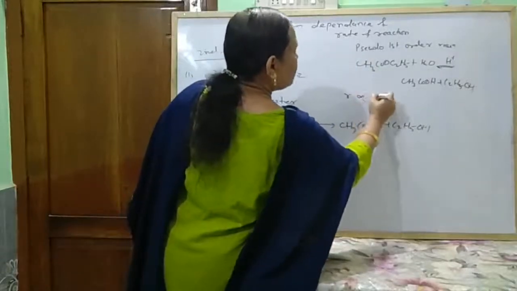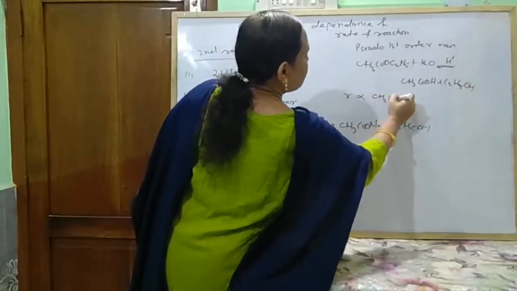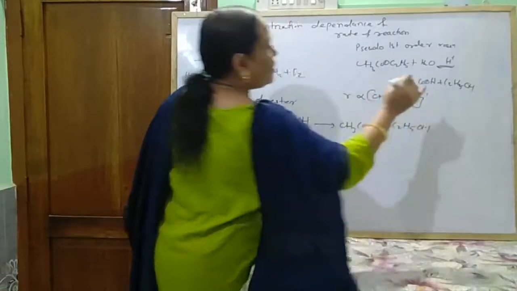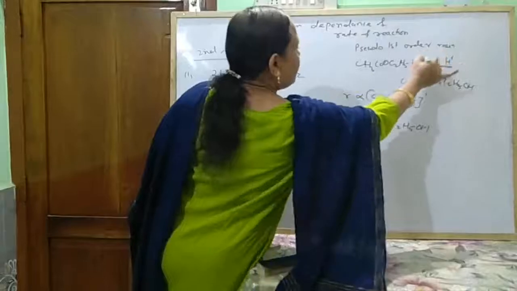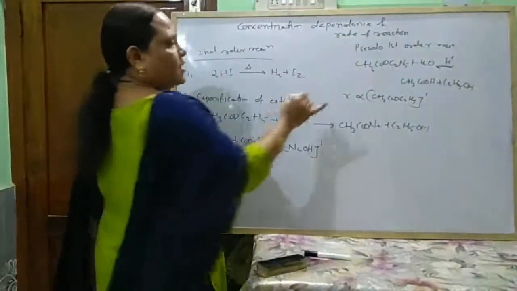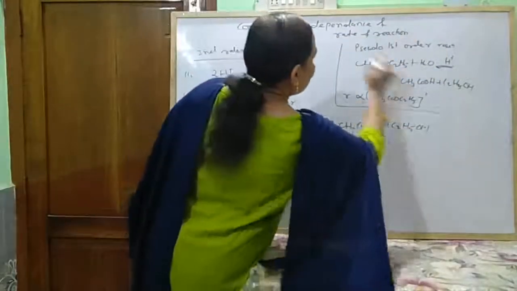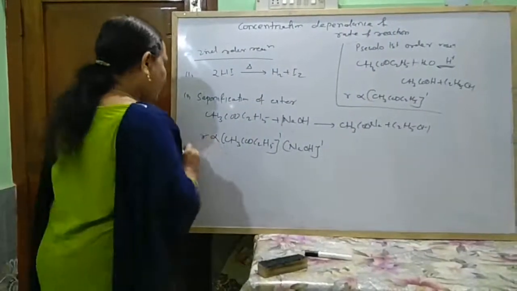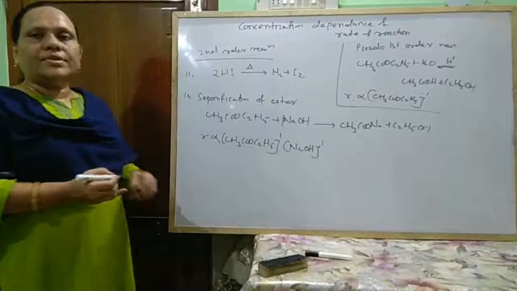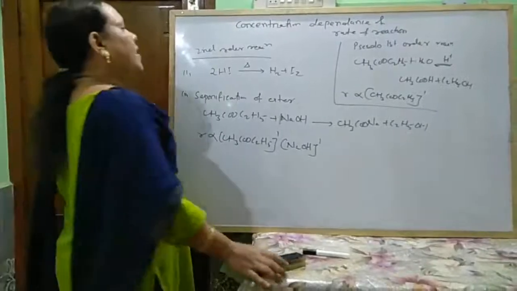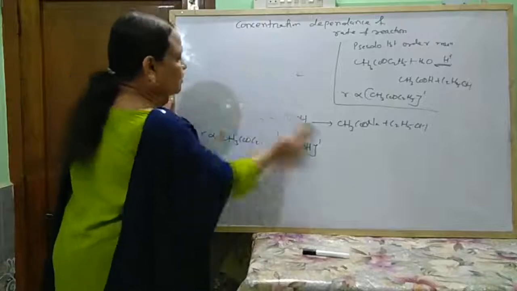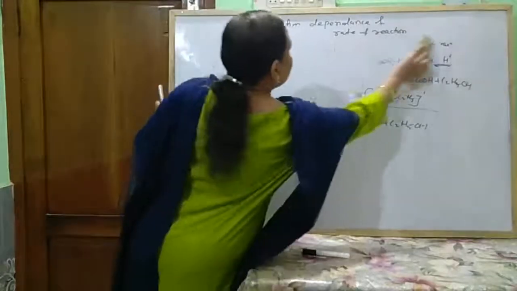So rate is proportional to CH3COOC2H5 to the power 1, and the concentration of water practically remains constant. In this way, this is a pseudo first order reaction. So these are some examples of second order reaction. Next, some examples of third order reaction.